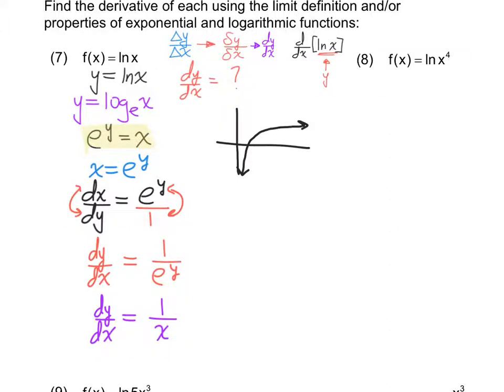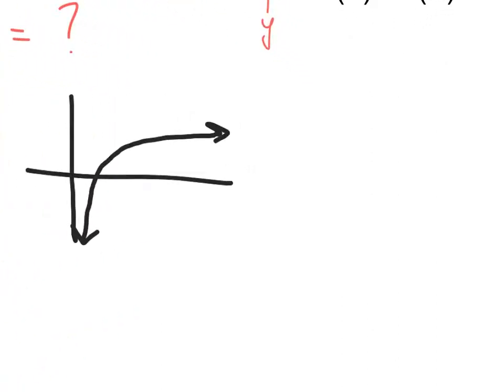So if I'm just focusing on this area, for example, I'm looking at a slope that's steep in the positive direction. Also steep in the positive direction, but not as steep. Now it's starting to get more and more shallow.